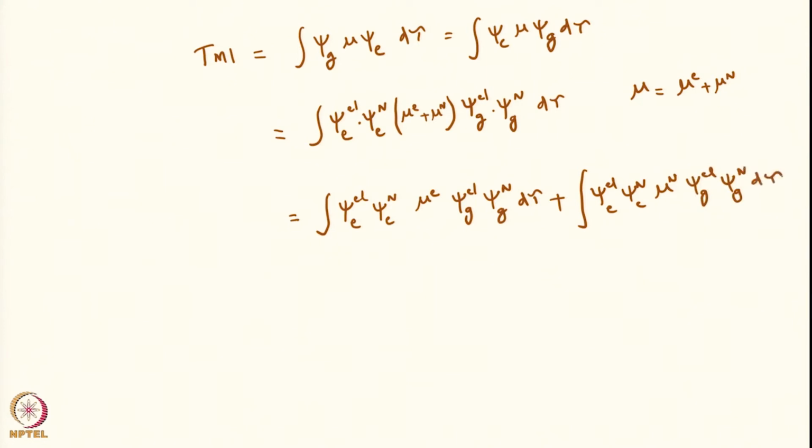So, now the total transition moment integral can be divided into two such integrals. One is because of the electronic dipole moment and the other is the nuclear dipole.